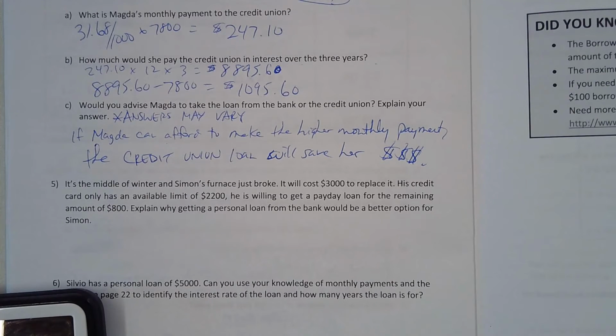Any other possible answers? Did anybody say something different? Unfortunately, when people go for loans, a lot of people just go for the lowest payment. They just completely ignore how much it's going to cost them in the long run. They just say, oh, this one's got a lower payment, I'll go for that one.